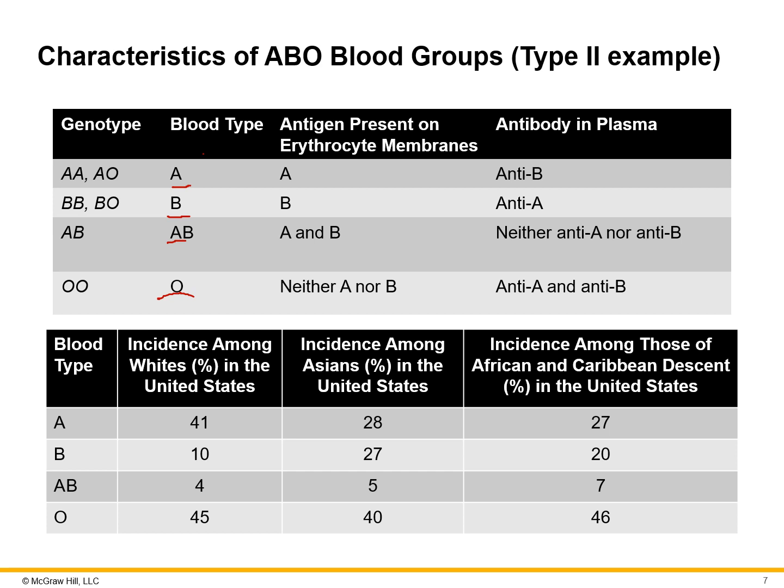So genotype are the genes that we have. We get a set of genes from each parent, so we have 2 of each one. So if we look at the gene that determines the proteins that are made, A is a dominant allele. So the presence of any A would cause an A antigen to be presented on the membrane of those red blood cells.